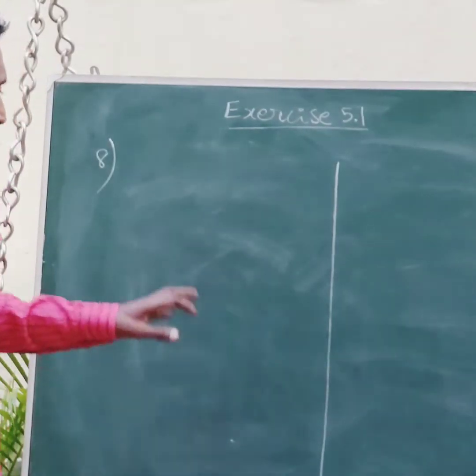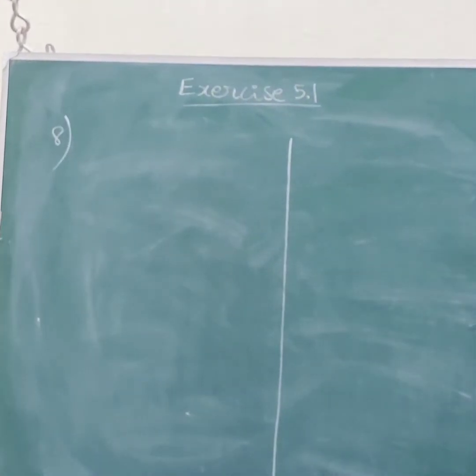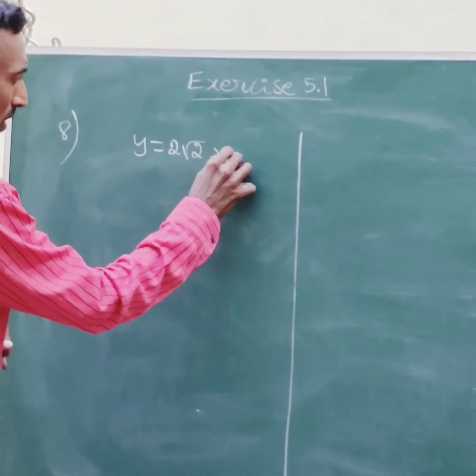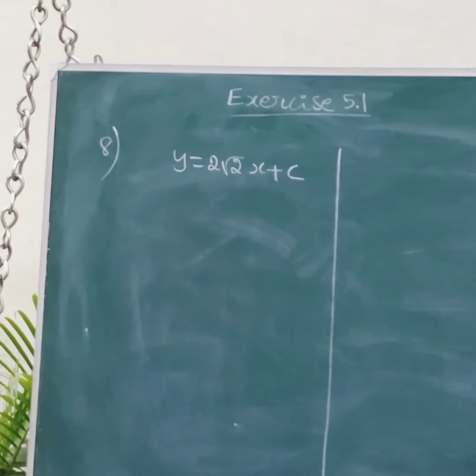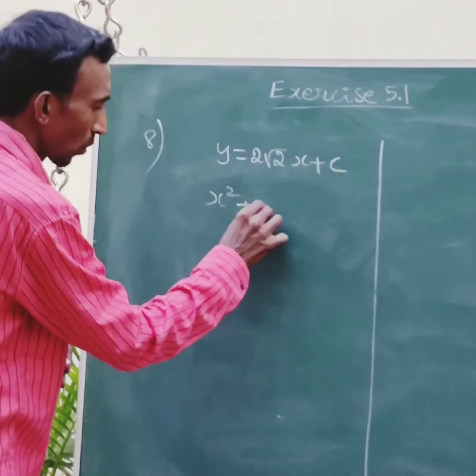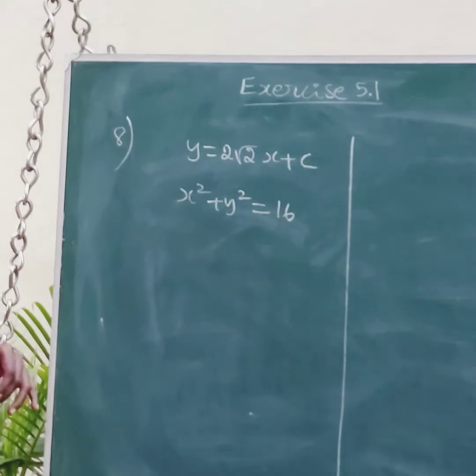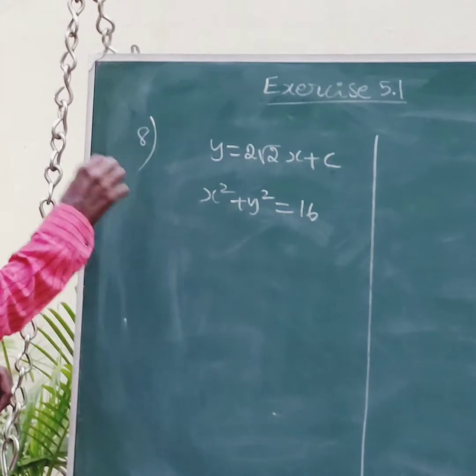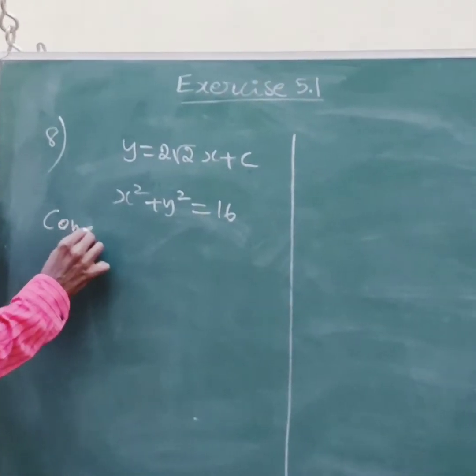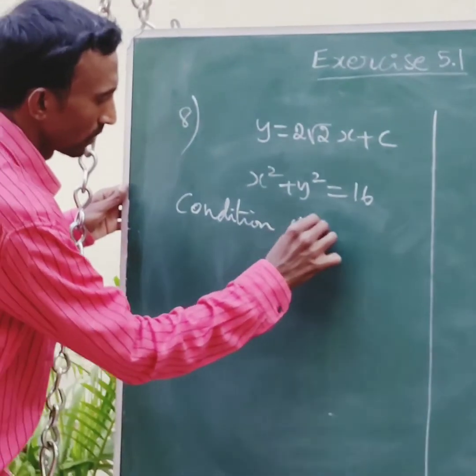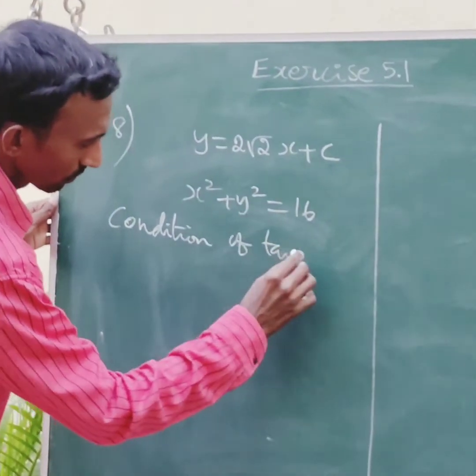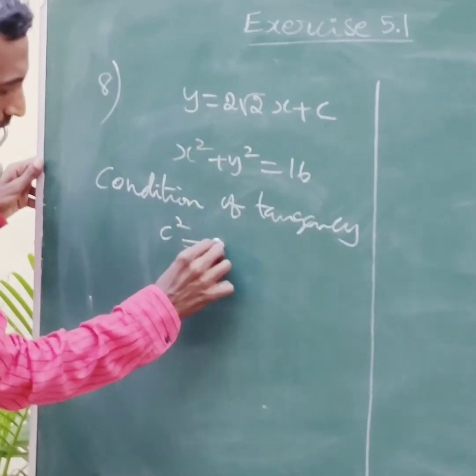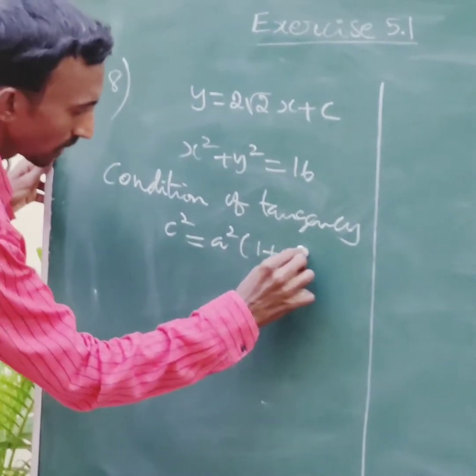Now we are going to solve question number 8 in exercise 5.1. The question is: if y equal to 2 root 2 x plus c is a tangent to the circle x square plus y square equal to 16, then what is the value of c? For that, just write down the condition of tangency. The condition for a circle is c square equal to a square into 1 plus m square.